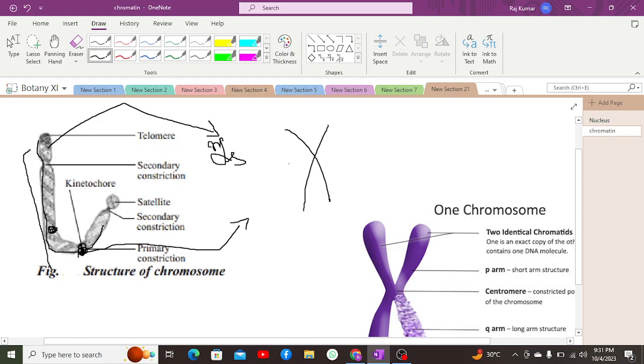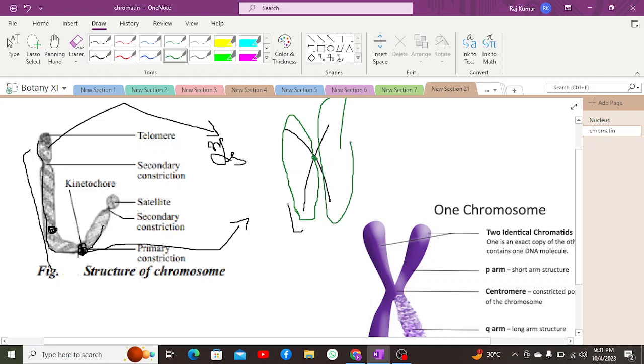Within the chromosome, two chromosomal arms connected with a centromere are known as a chromatid.